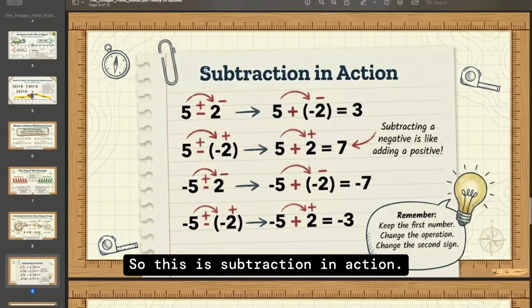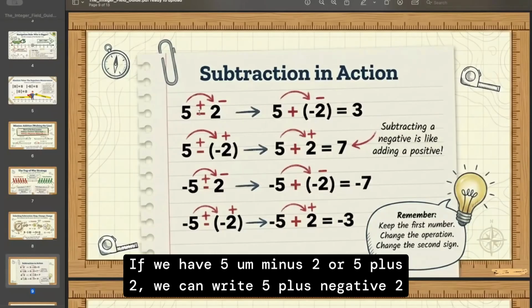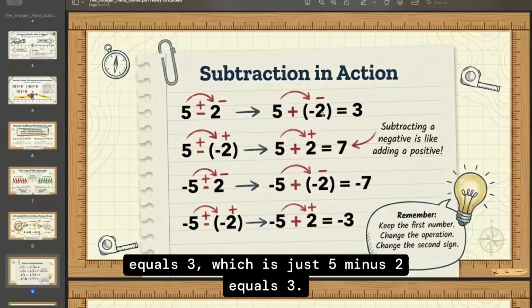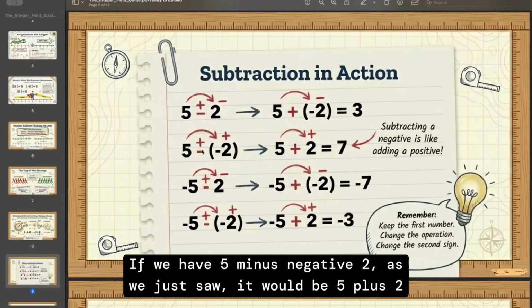So this is subtraction in action. If we have 5 minus 2, we can write 5 plus -2 equals 3, which is just 5 minus 2 equals 3. If we have 5 minus -2, as we just saw, it would be 5 plus 2 equals 7.